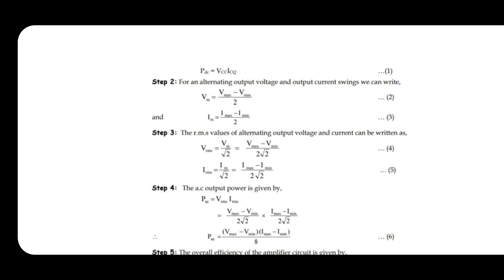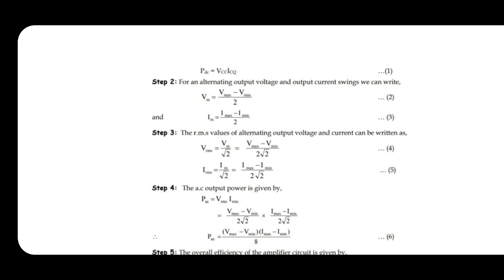Similarly, Irms equals Im by root 2. So substitute this. AC output power is given by Vrms into Irms. So PAC is Vmax minus Vmin into Imax minus Imin by 8.